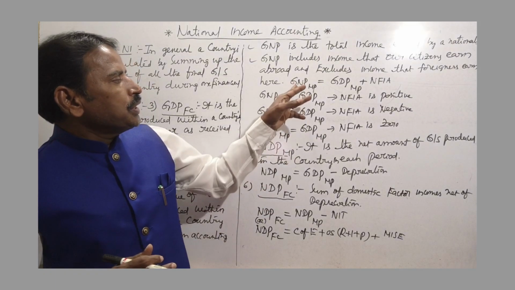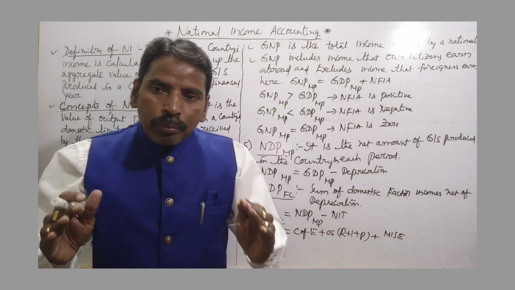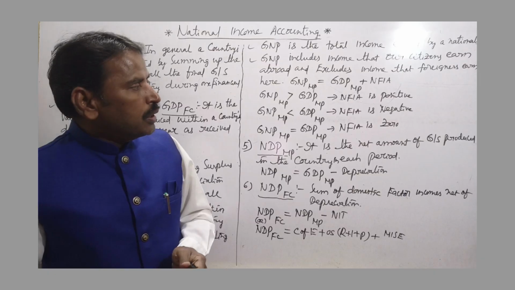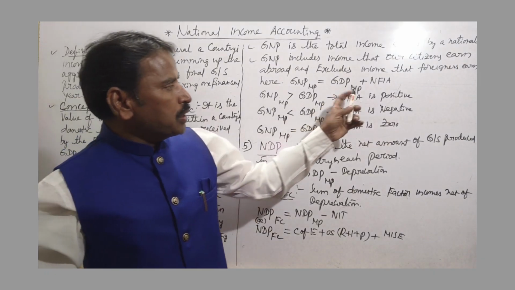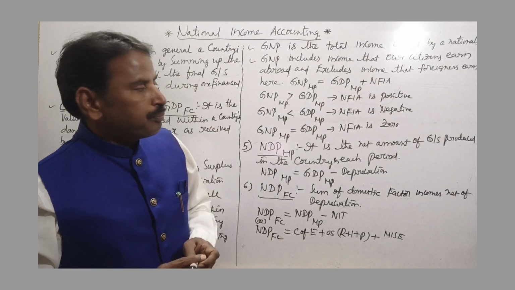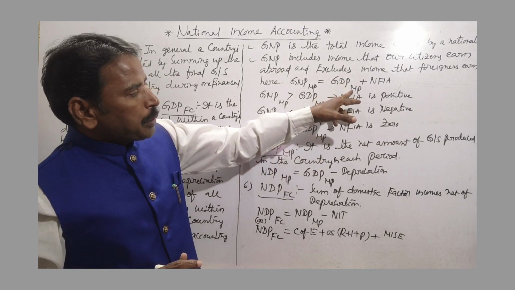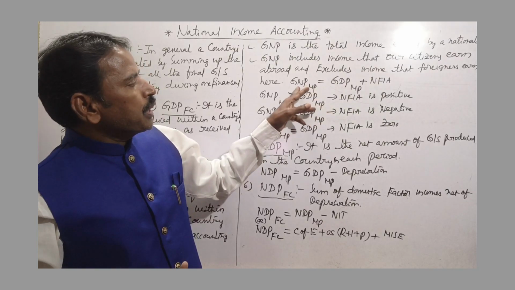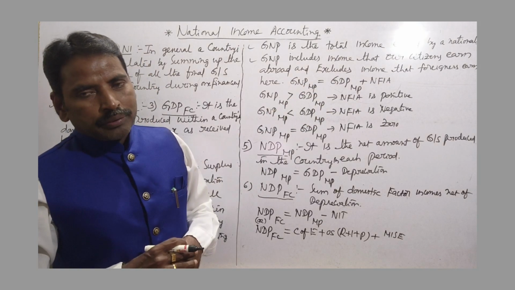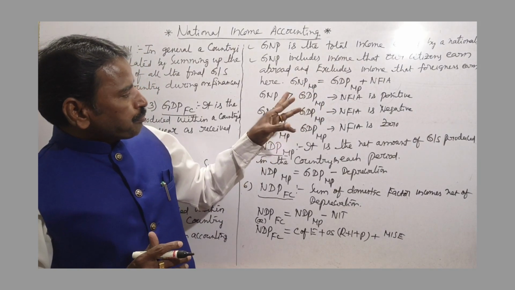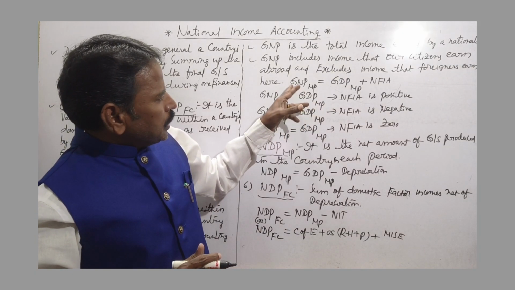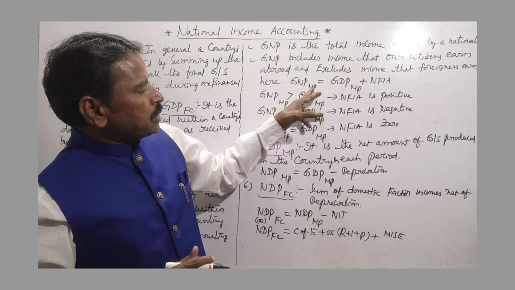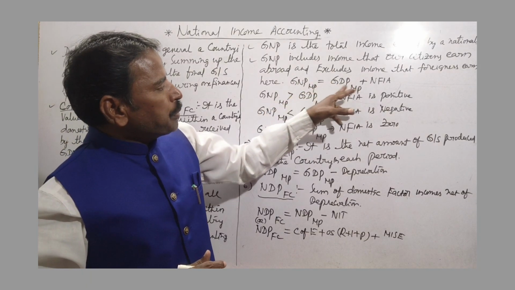Next, how to calculate GNP market price? GNP market price is equal to GDP market price plus net factor income from abroad. Here, P is common: GNP market price, GDP market price.